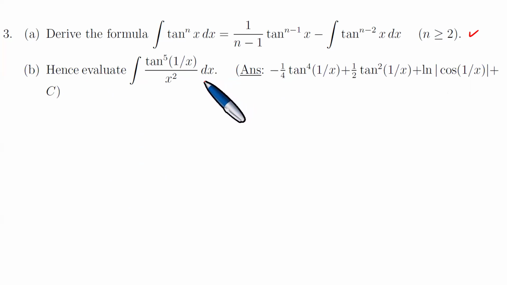And so now we're going to evaluate this one. Here they said hence. Evaluate this. And because they said hence, you're going to be using the reduction formula. But now you need to pause to reason out and see how best this can be done.